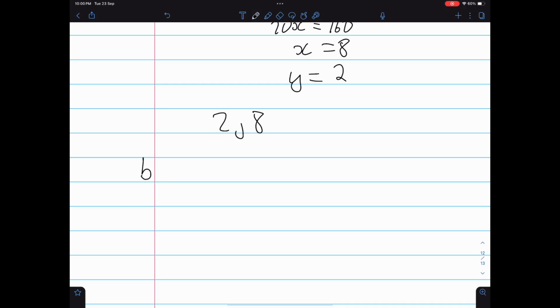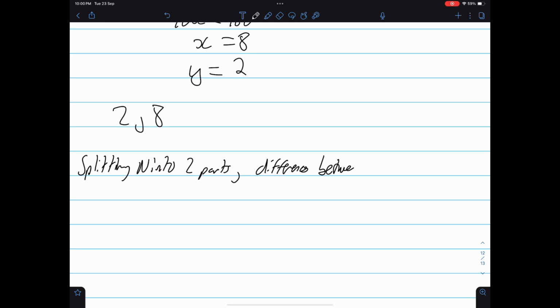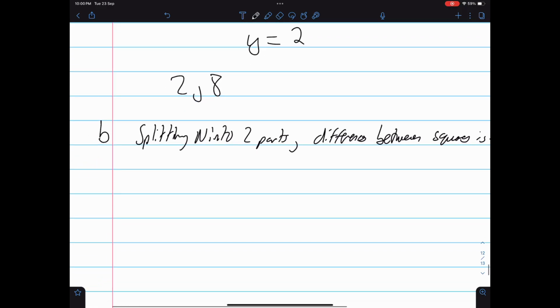We need to just do this in general for any n, so any number, not just 10, and any difference. So we're essentially going for splitting n into 2 parts, where the difference between squares is d. Right, so we want x plus y to equal n, and then x squared minus y squared to equal d.